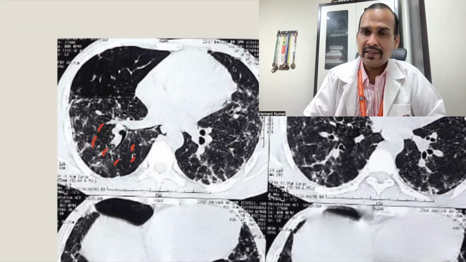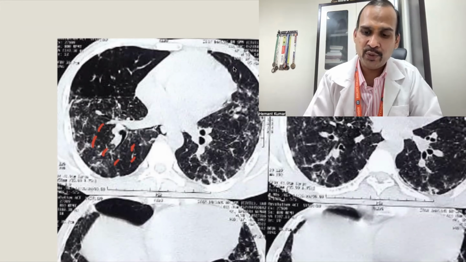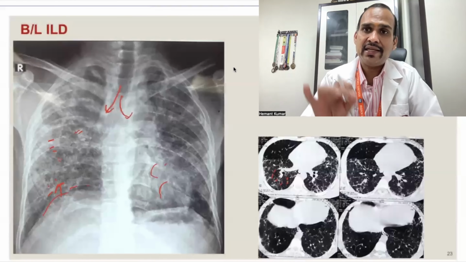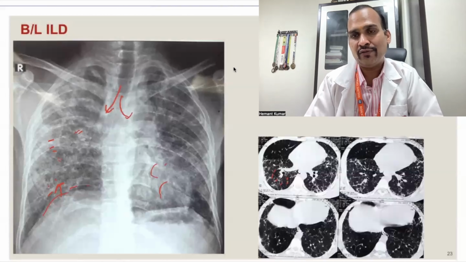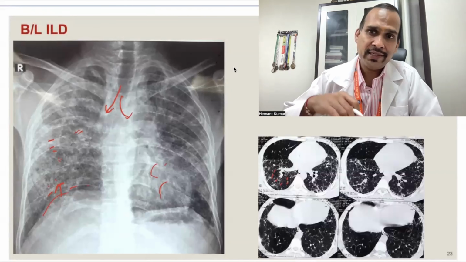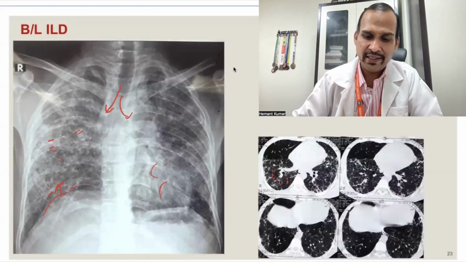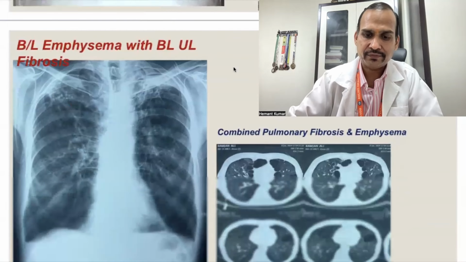Again, I am repeating, X-ray is not diagnostic for interstitial lung disease. We have to get a high quality HRCT to diagnose a case of ILD. But in X-ray, you can suspect. If you know a normal X-ray, then you can suspect ILD in an abnormal X-ray.